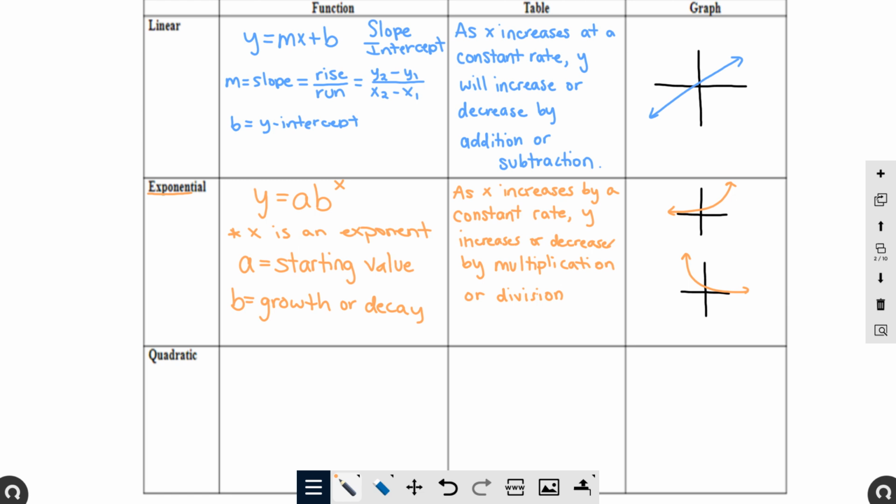As x increases by a constant rate, y increases or decreases by multiplication or division. So when you look at a table, the y values, if you're multiplying by 2 each time or dividing by 5 each time, that's a great example of exponential.